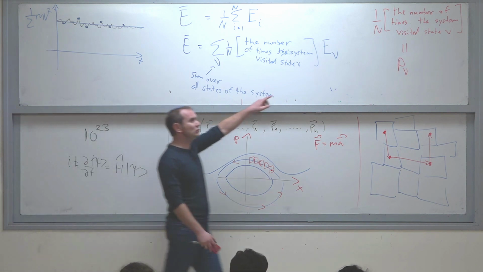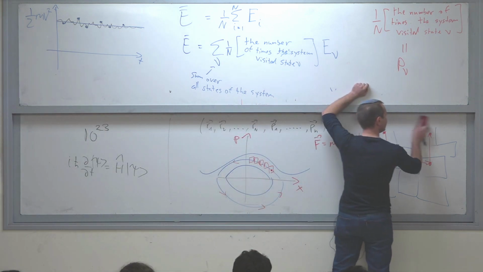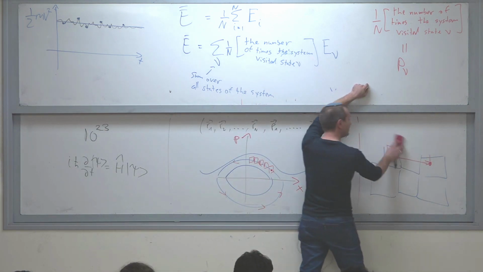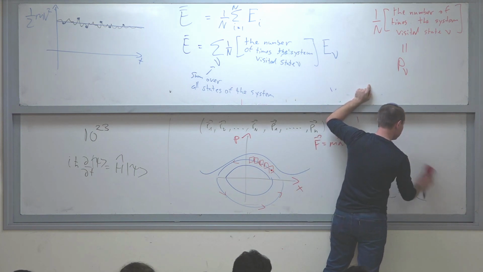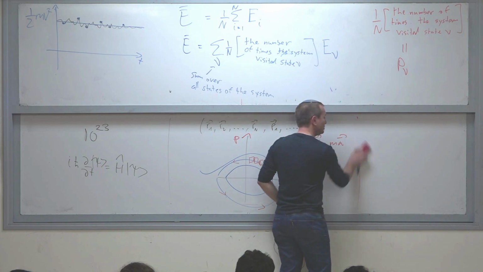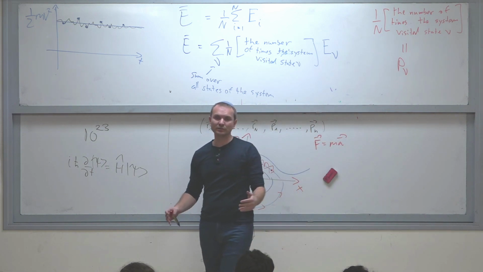Now, this probability to observe state ni, I can say, is no longer a time-dependent quantity. I can say that this is a static quantity which depends on the ensemble of the systems.